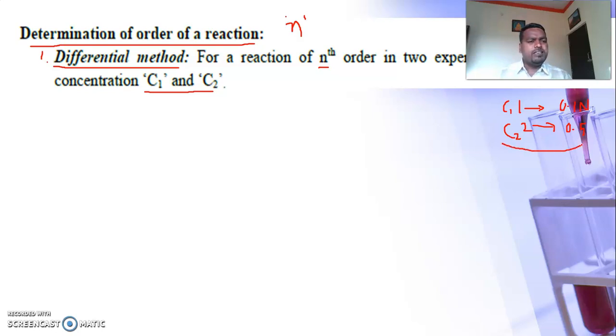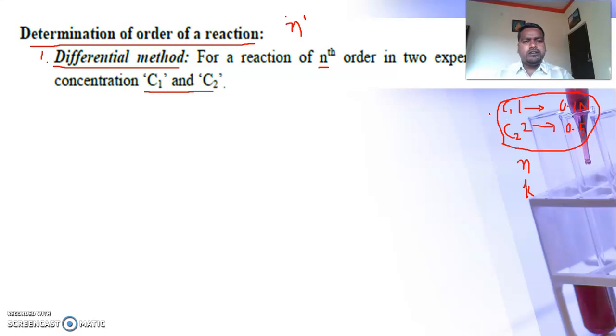Because we are doing the same reaction, the only difference is concentration, and n is the order of reaction, and K is the rate constant of both reactions, because the reactants are same; they differ by only initial concentration.